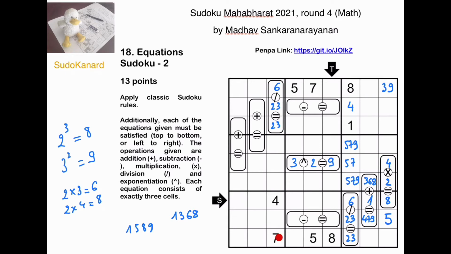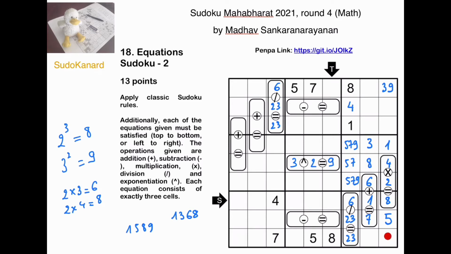And this 7 is not here, it can only be here. So this is resolved. That's a 7, this is a 6. And this one goes there, 3 goes here, and we get an 8 there.